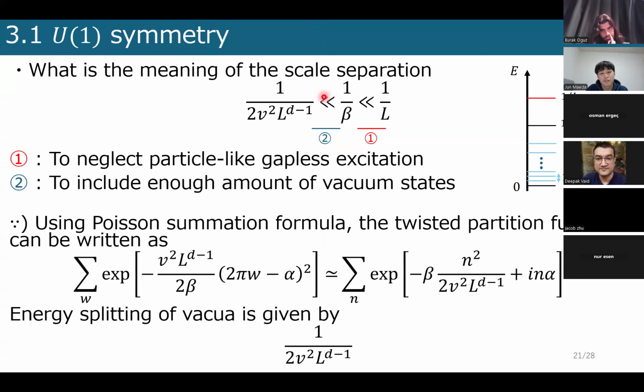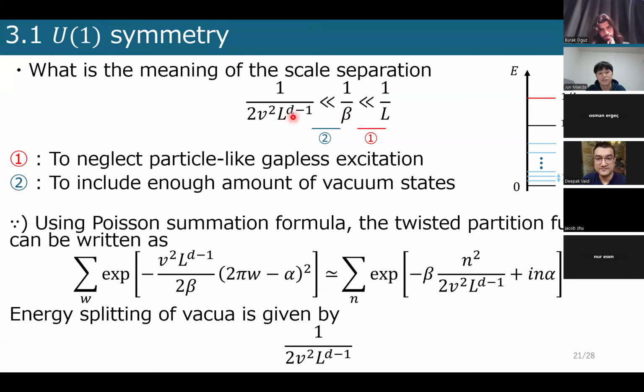So this left-hand side inequality means that we want to include enough vacuum states. If this inequality is not satisfied, then we cannot take into account enough vacua, so we cannot derive the correct behavior of the twisted partition function.